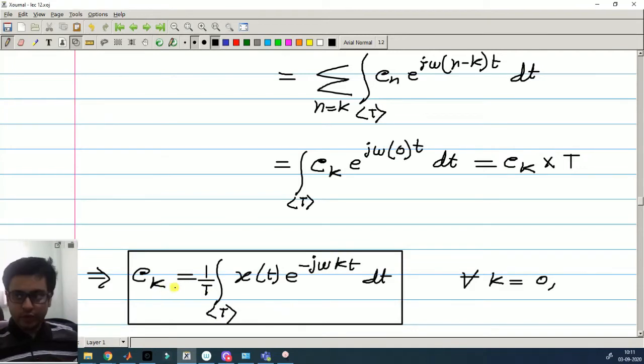This way you can determine the value of Ck for all k, 0, plus or minus 1, plus or minus 2, 3, etc.